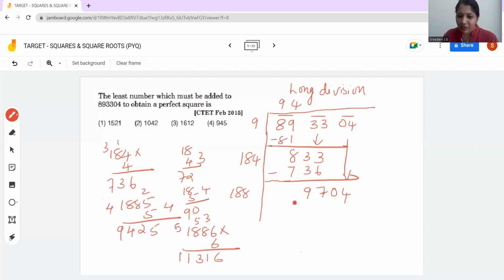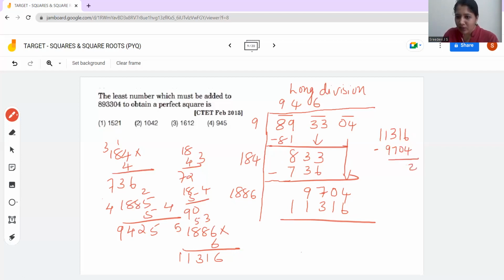So we'll be getting 11,316 as the number which is just greater than this number that we got by writing 6 at the right end of 188. So we'll subtract manually: 11,316 minus 9,704. 6 minus 4 is 2.